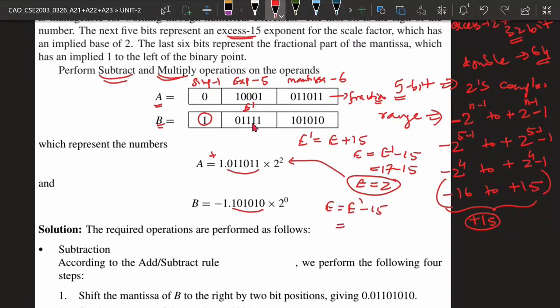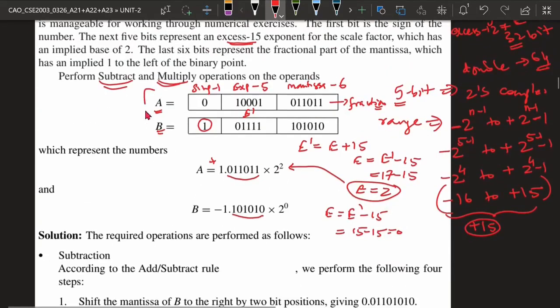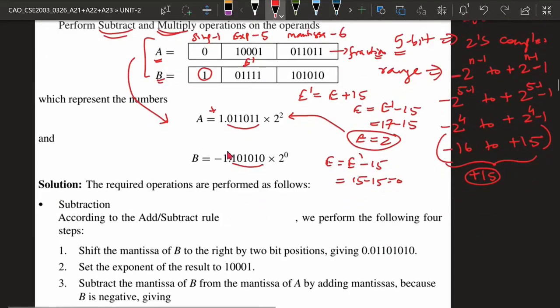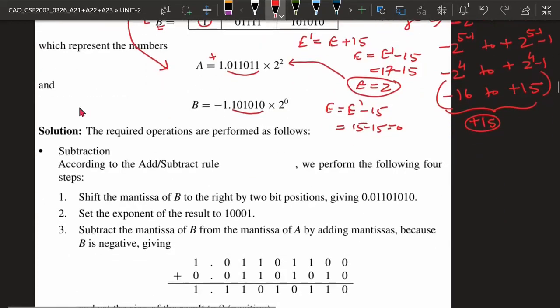Here e dash represents 15 itself, so it is 15 minus 15, which is 0. That's why 2 to the power 0 is there. So when a number is given in floating point representation, you need to convert it into the scientific form. Once you represent it in this form, now we need to do the subtraction and the multiplication.